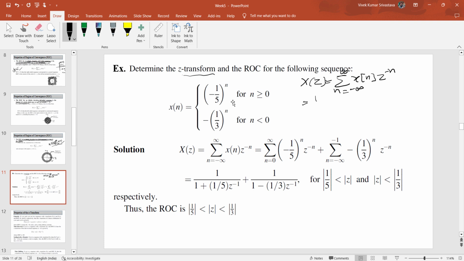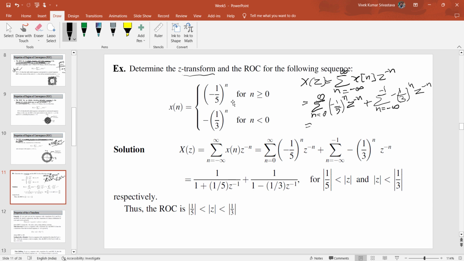So this is the summation from n equals 0 to infinity of minus 1 by 5 raised to the power n into z raised to the power minus n, plus the summation from n equals minus infinity to minus 1 of minus 1 by 3 raised to the power n into z raised to the power minus n.